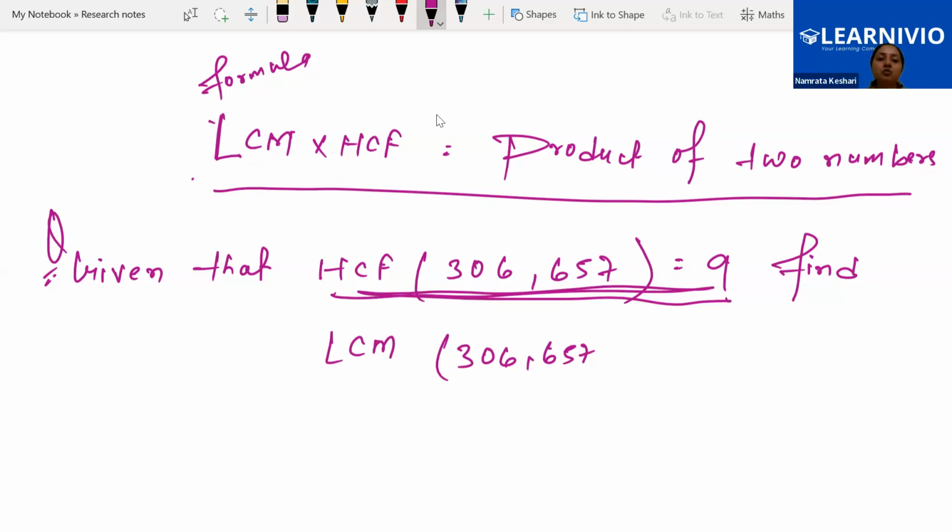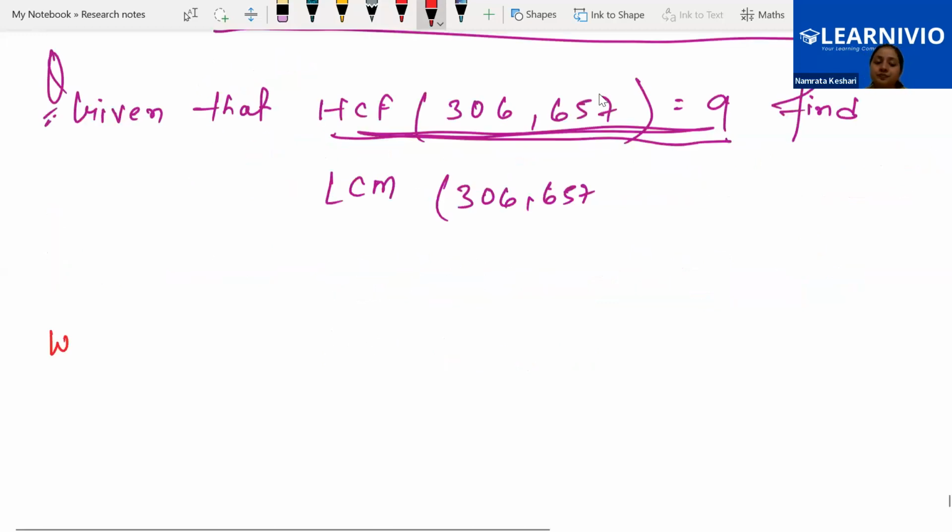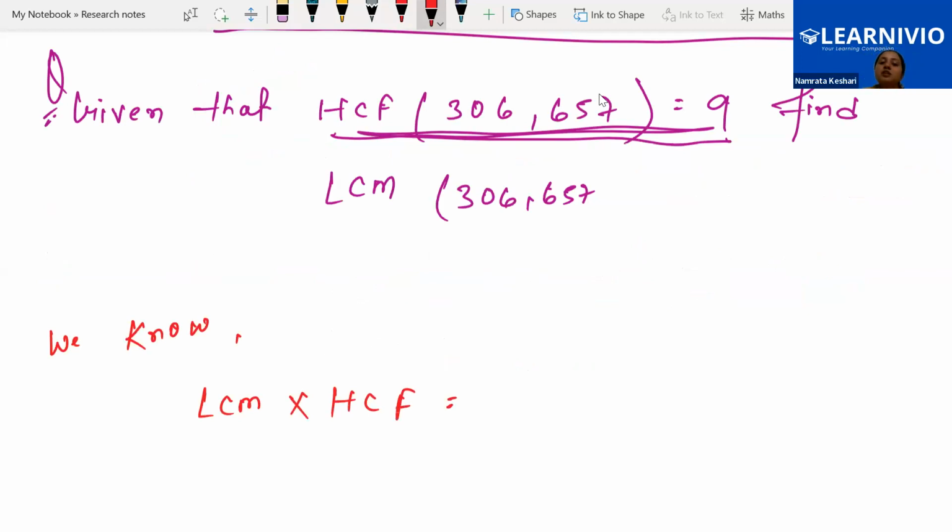Okay, how will we use it? The formula we are going to use is that LCM into HCF of two numbers is equal to the product of the two numbers. This is only applicable for two numbers, two integers.